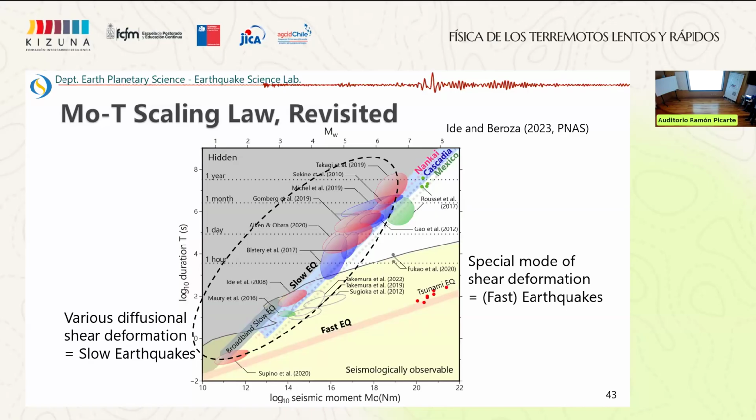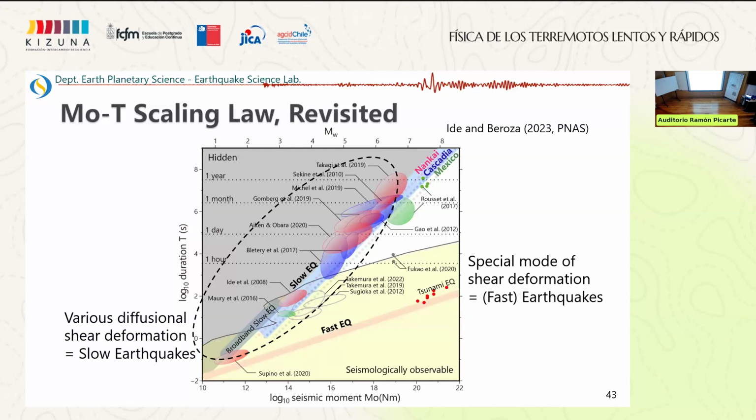But slow earthquake cannot propagate like that. There is very little seismic wave. So seismic wave cannot couple with fracture. So how does fracture propagate? Fracture needs to propagate in a diffusional way. So it is controlled by the diffusion equation. Diffusion equation and wave equations are, if you know physics very well, very similar, with just a slight difference in time derivative.